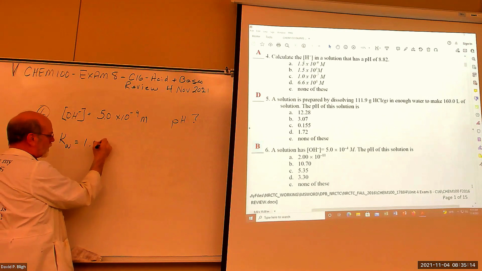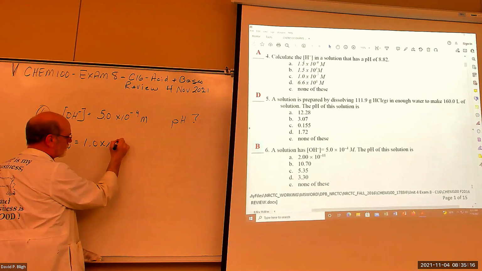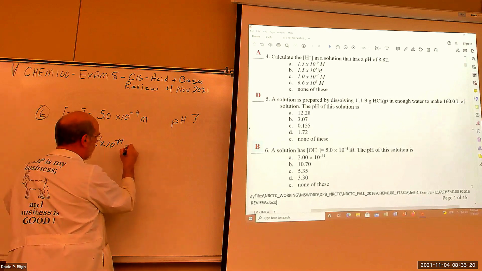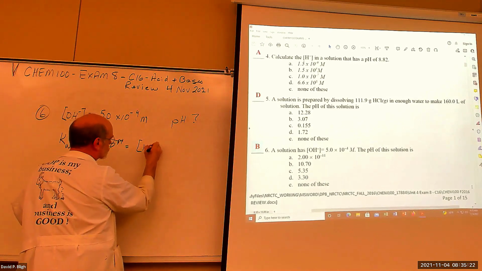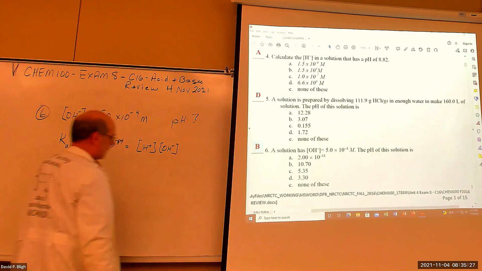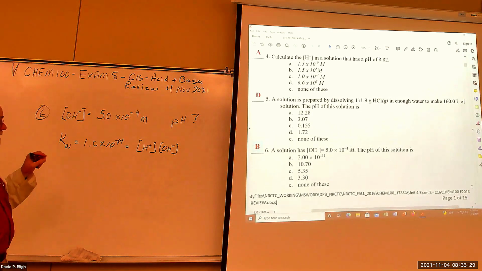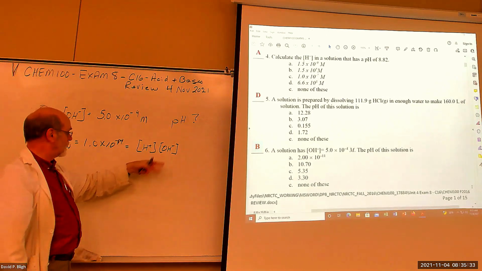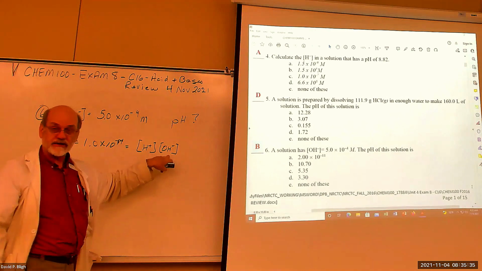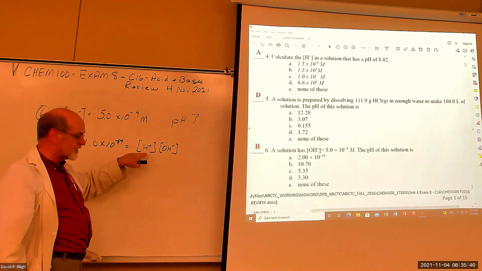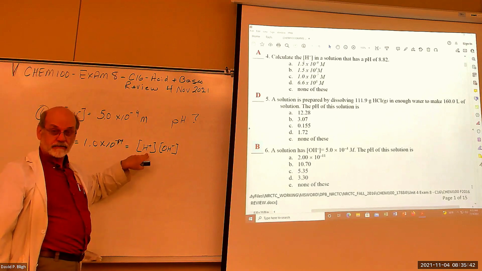That's equal to our 1 times 10 to the minus 14, and that is calculated from hydrogen ion concentrations and hydroxyl concentrations. So we can calculate the hydrogen concentration. The hydroxyl concentration is actually given, and if we stick that in there, it's like any equation. We know that this is our only unknown, so we can solve for that.